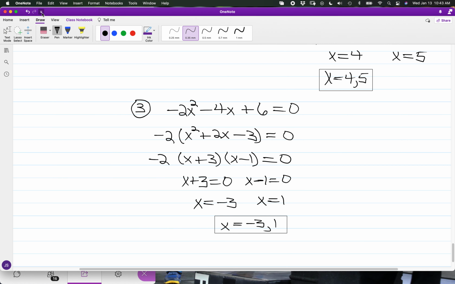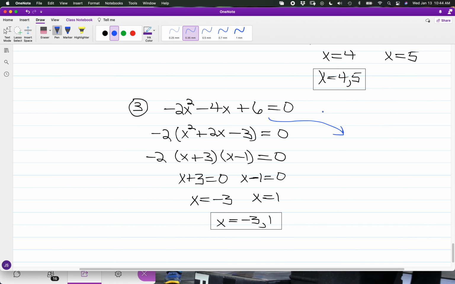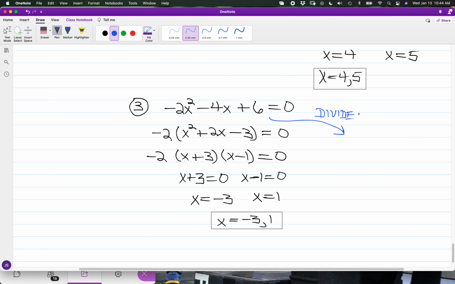And I would just mention, just to provide a little bit of clarity, what you could also do, since we're taking care of the constant, is divide the equation by negative 2.